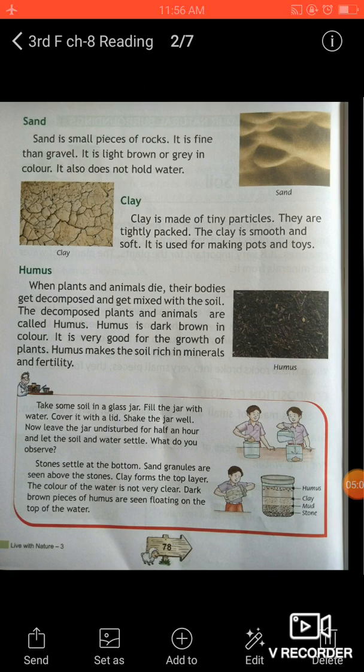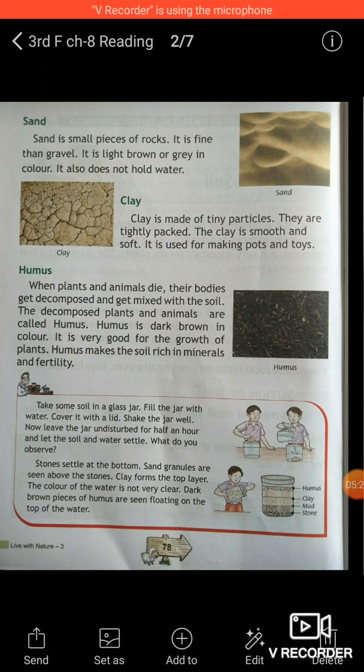Next one is humus. When plants and animals die, their bodies get decomposed. Decompose means to be destroyed with the passage of time and get mixed with the soil. The decomposed plants and animals are called humus. Humus is dark brown in color.